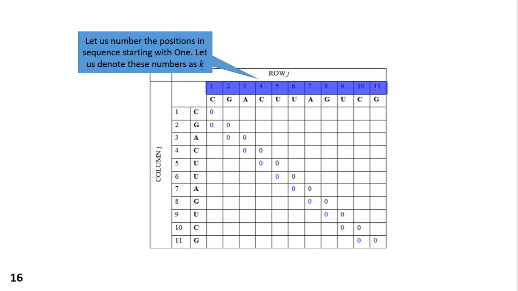Sorry, it's not n, it's called k. Remember, this is very important, that there are k number of residues in your RNA. We would come to this in a while. So this is what we have done. We have row, we have column, we have our RNA sequence that we have numbered 1, 2, 3, 4, and we would refer to them as K. And we have done the same thing on the column.